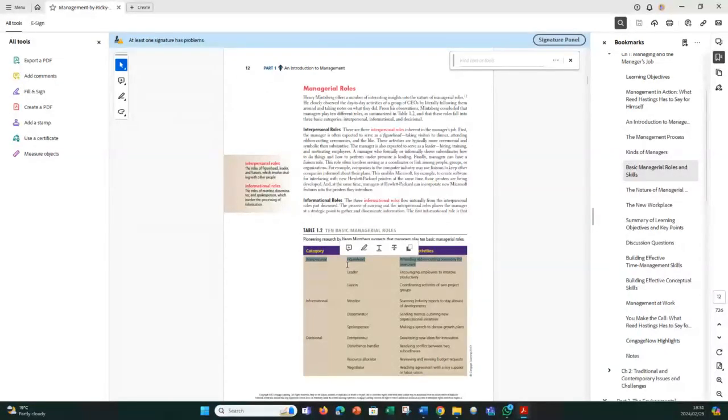But it is about monitoring and keeping the organization aligned through information. And information is often considered the lifeblood of an organization. And then the disseminator, someone who shares information, so you get the information in, and then obviously you will share that information so that everyone is actually on the same page. And then obviously the spokesperson shares plans, is again this kind of person that gets everyone on board.